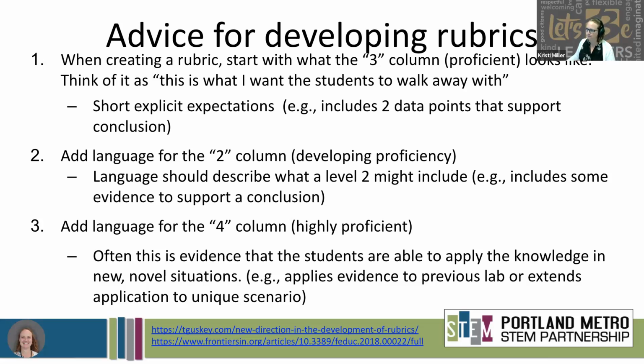From the 3 description, then I go to a 2, what's not quite meeting. And then a 4 is highly proficient. So again, it's that new, novel situation. I'm applying what I know to something I have not seen before. And if I'm able to do that, that usually means I have a really strong understanding of what I'm doing.